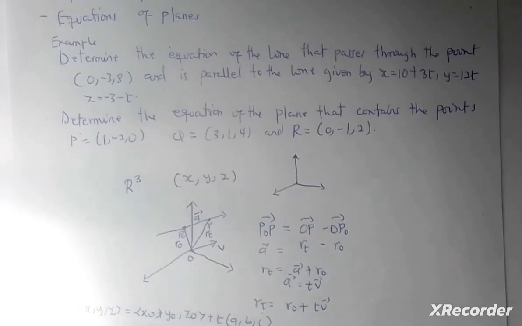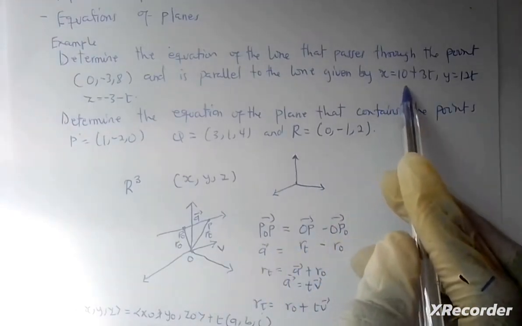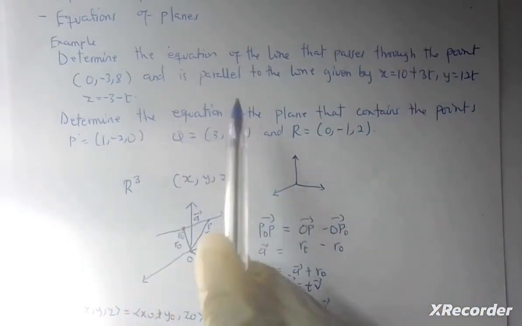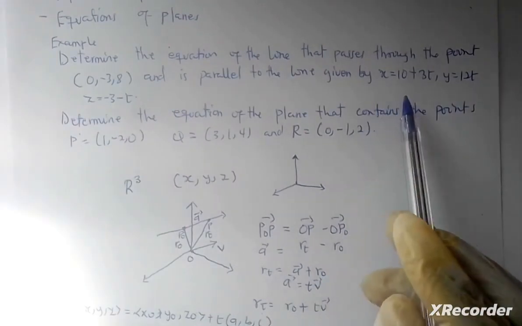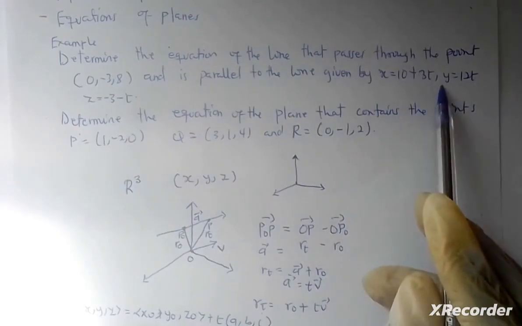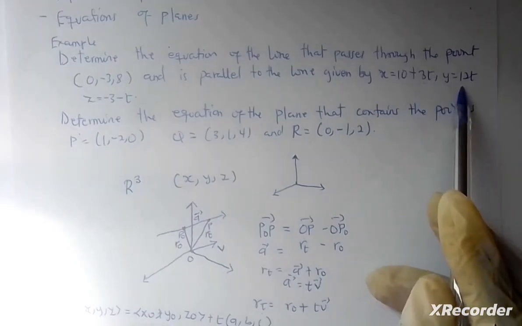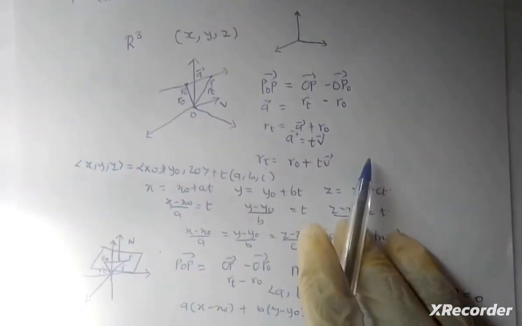They are parallel. Once they are parallel, they will have the same direction. Therefore, the directional vector of this line becomes equal to the directional vector of the line you want to find. The directional vector here is simply the coefficient of the t's. So here will be 3, here will be 12, and here will be negative 1.